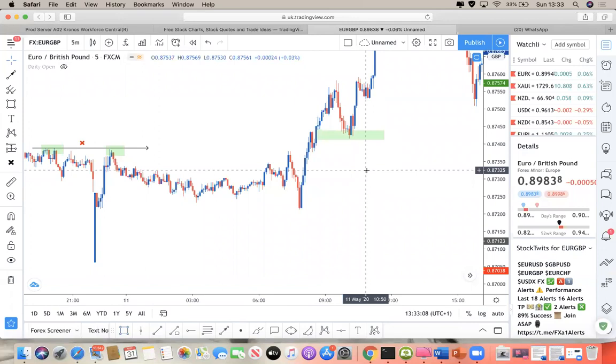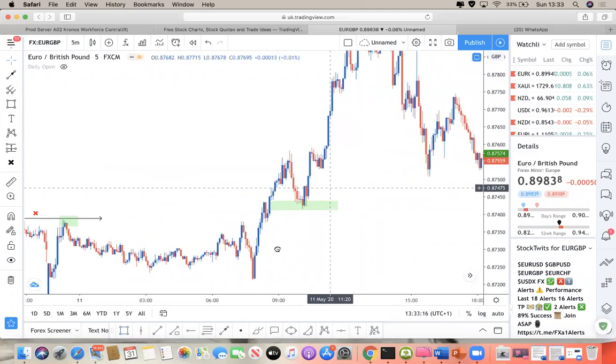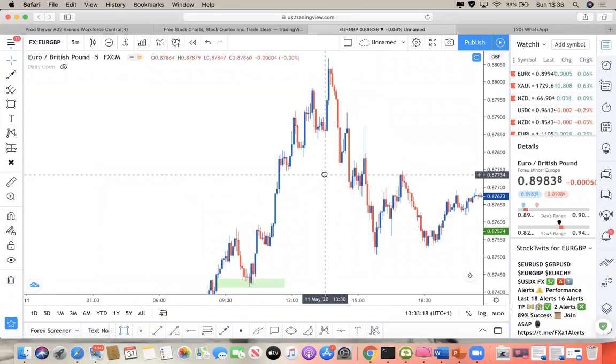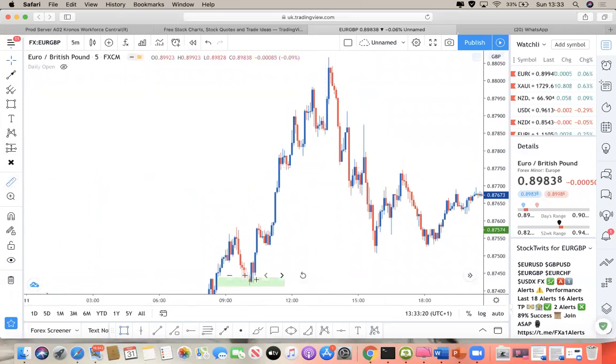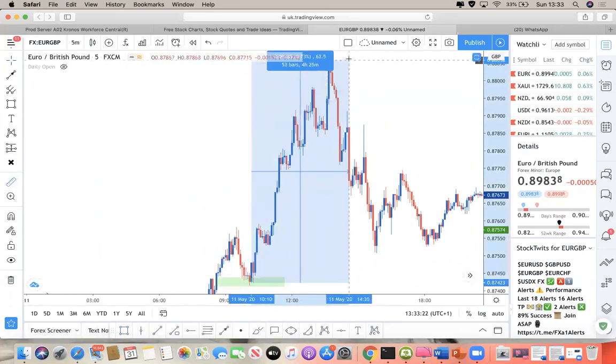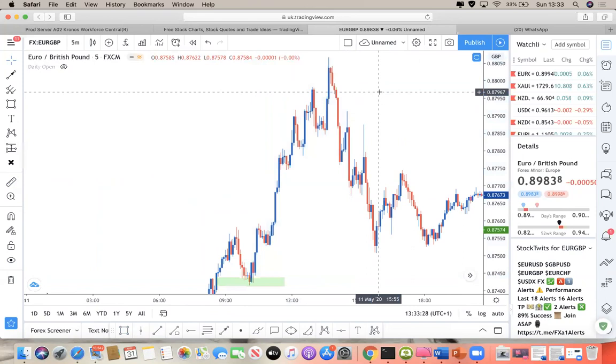Have you seen that? Yep. Created the imbalance above the M. Retraced back into the imbalance, and look, continuation of the trend. And that is a textbook 60 pips. You see how simple it is?